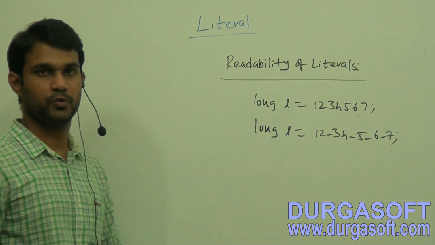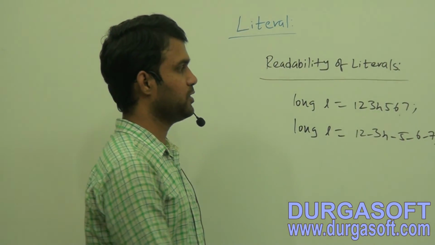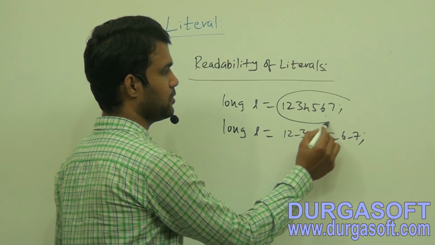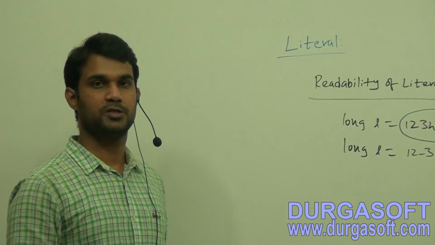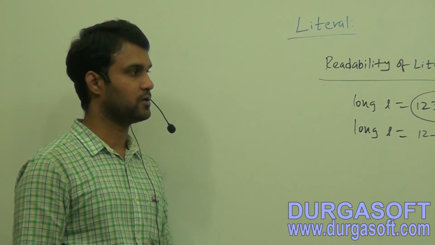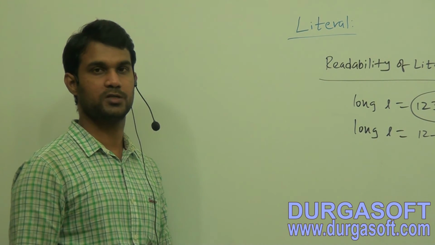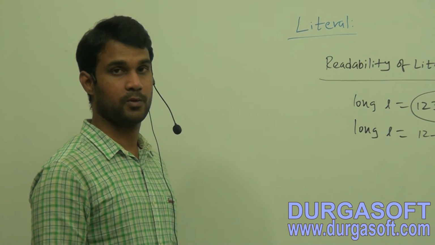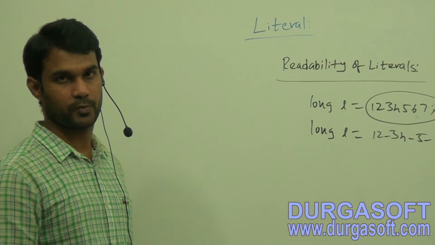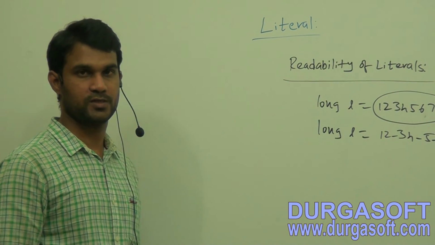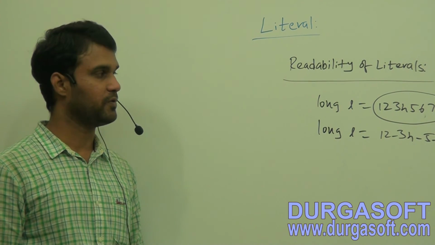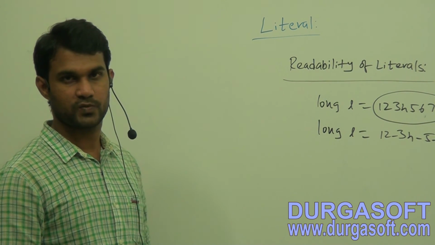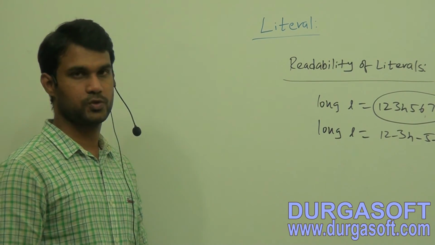But what is the output which we are going to get here? The final output is this one only, not this one, because the underscore symbols represented within the literal value are eliminated at the compilation phase of our Java programming. Generally we have two phases to get some output in a Java program: one is the compilation phase and one more is the execution phase.